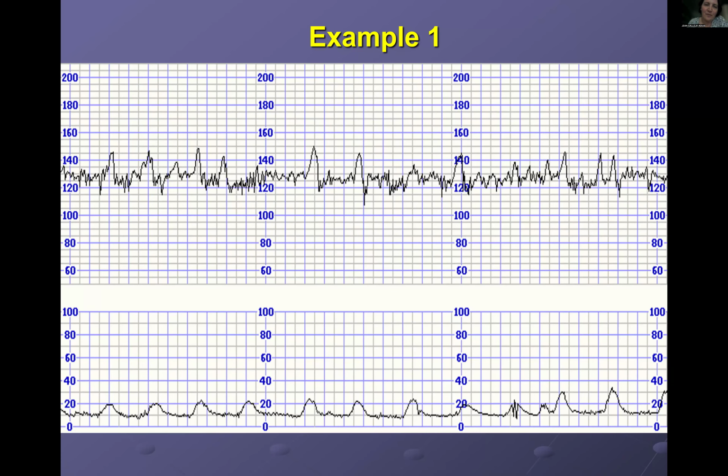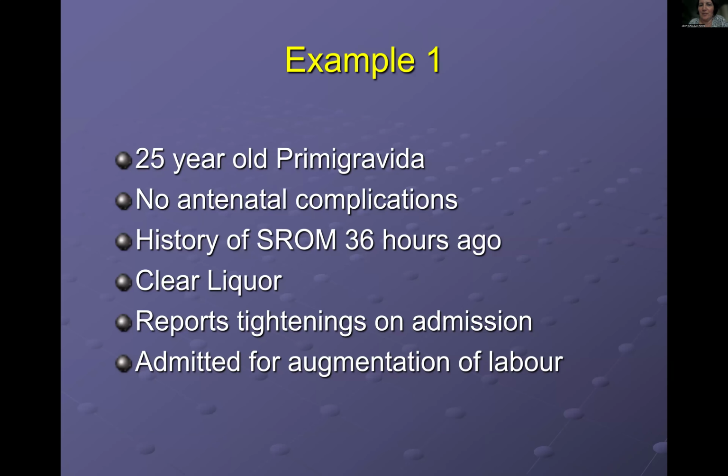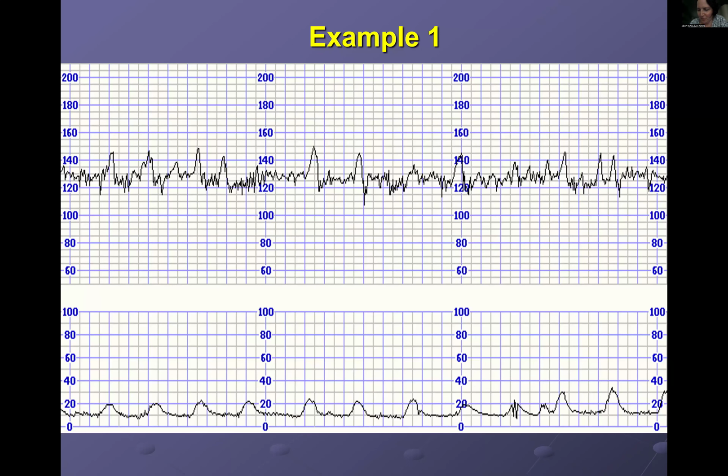From the history, what type of risk does she have? Then C, contractions, how many contractions, the BRA, the baseline rate, the V, the variability, any decelerations, and what would you do?